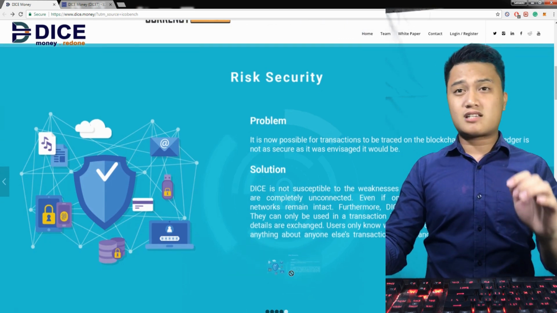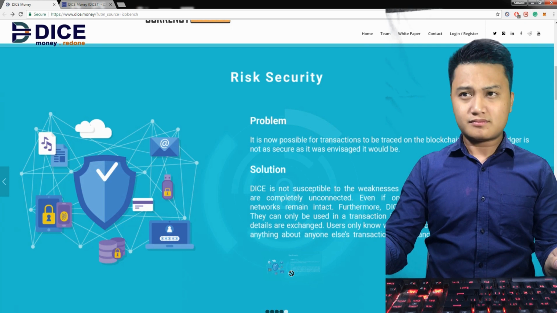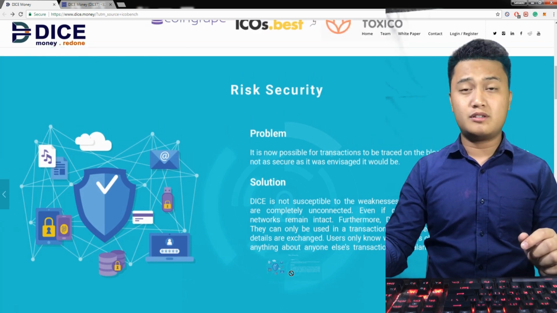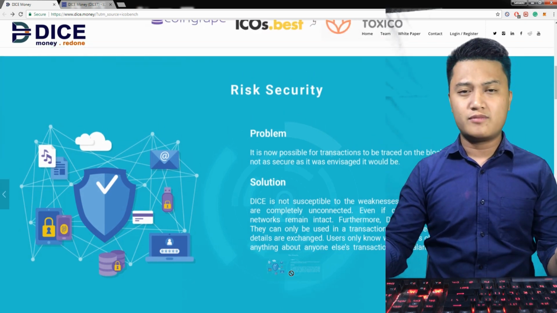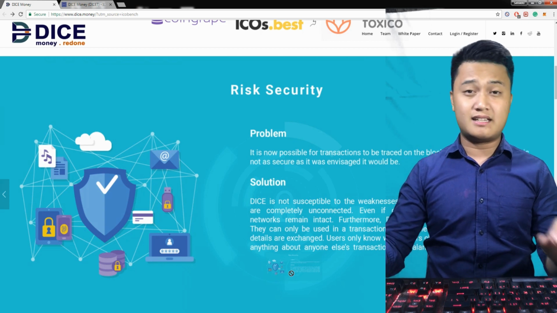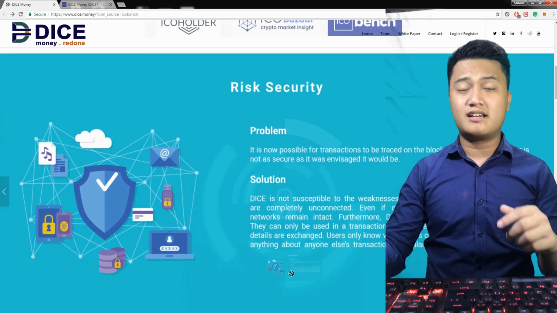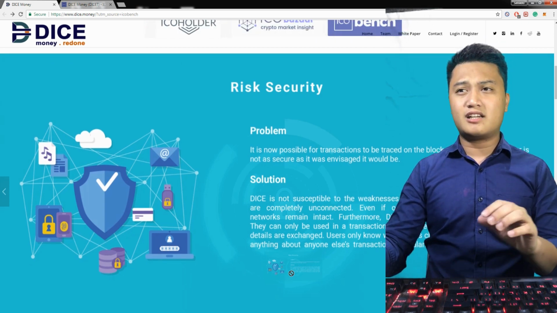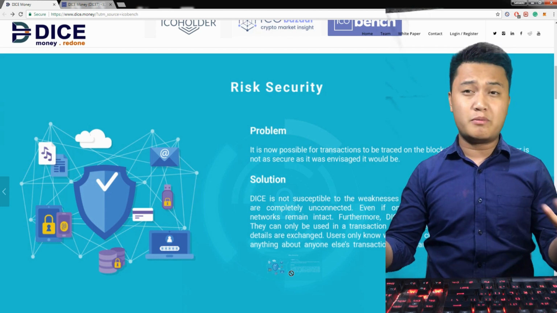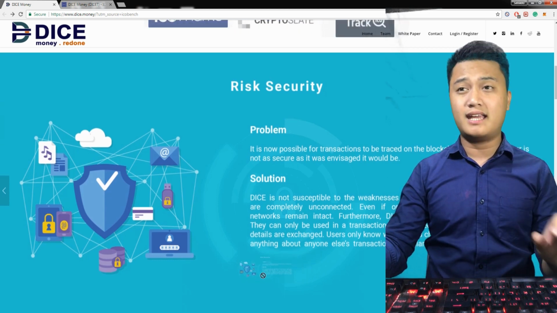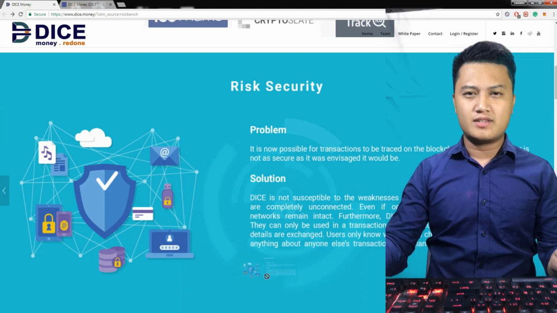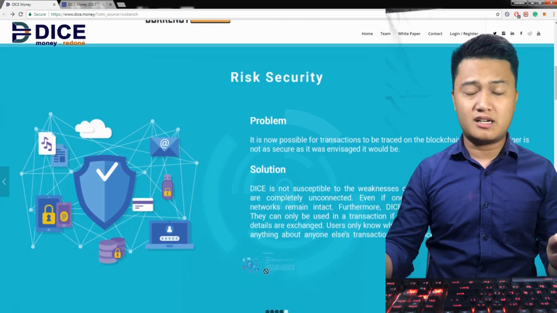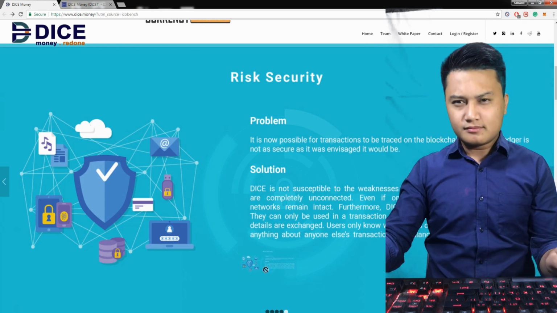So there's an extra layer where only the user or the owner can see the transactions and their own account. Unlike the Ethereum network that is viewable by everyone, Dice Money has an extra layer when it comes to confidentiality of user accounts. So that is a plus upgrade of the confidentiality.